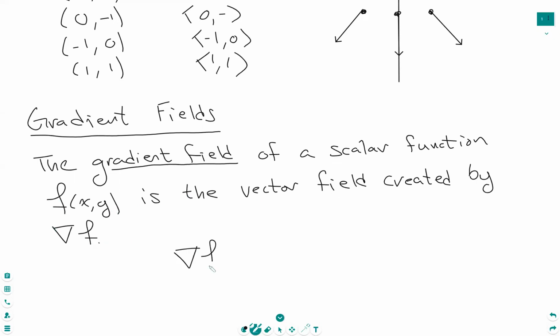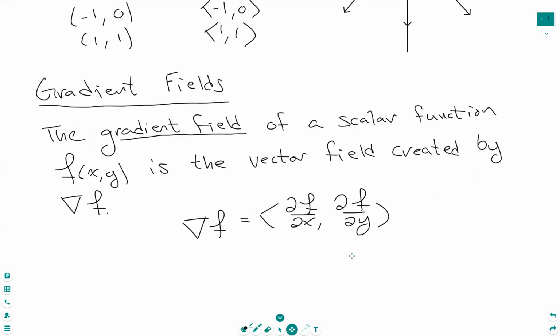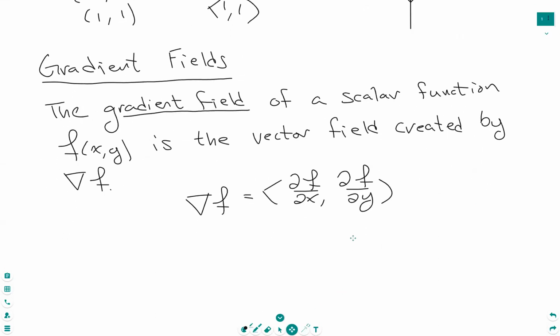So remember the gradient of f, this was partial f, partial x, partial f, partial y. So we have some scalar function, we take its gradient, and now we create a vector field out of that thing. That is a gradient field.